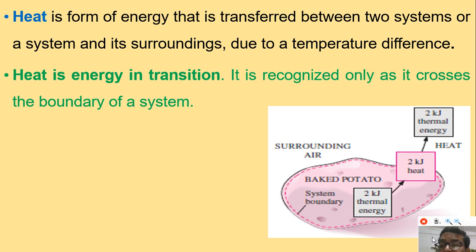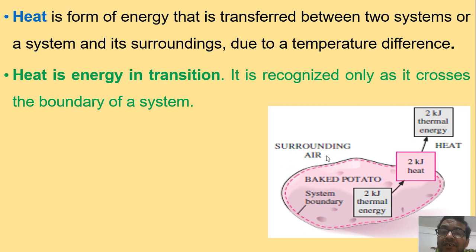Here you can see this is a baked potato, and the surrounding is the air, and here we are giving the energy, and this part is basically the boundary, right? This is the boundary, and this is the thermodynamical system. So here we are applying this by the boiling systems.